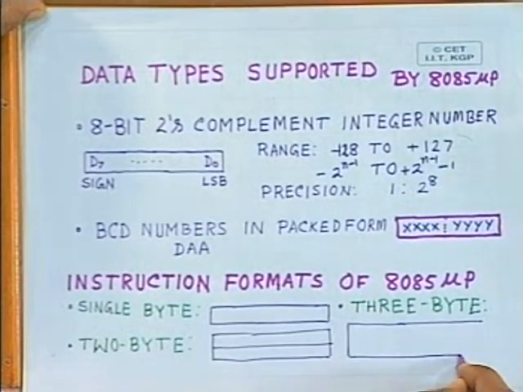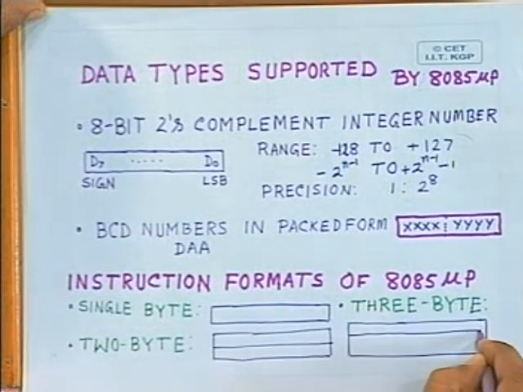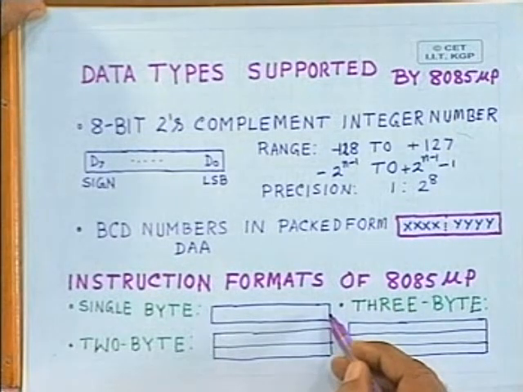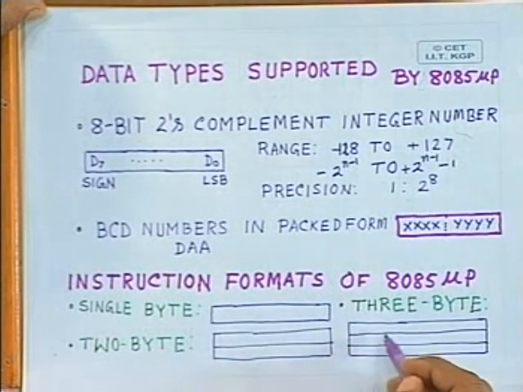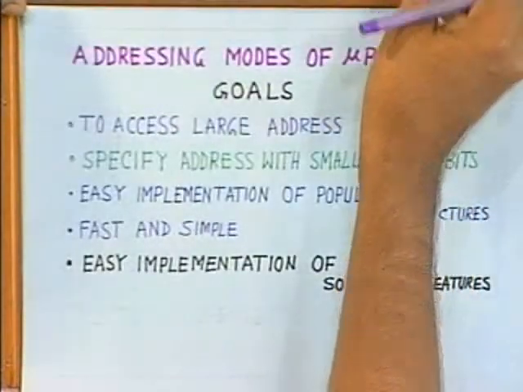So these are the three different sizes of instruction the 8085 supports. Later on, we shall discuss in detail how this single byte, 2 byte or 3 byte formats are used to implement different instructions. Today, we shall focus on the addressing modes of microprocessor.